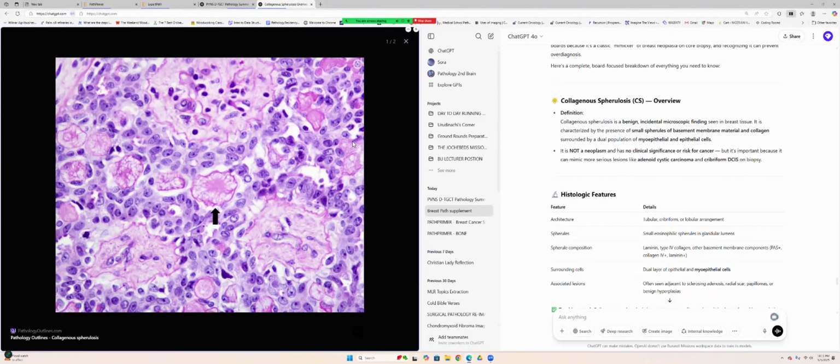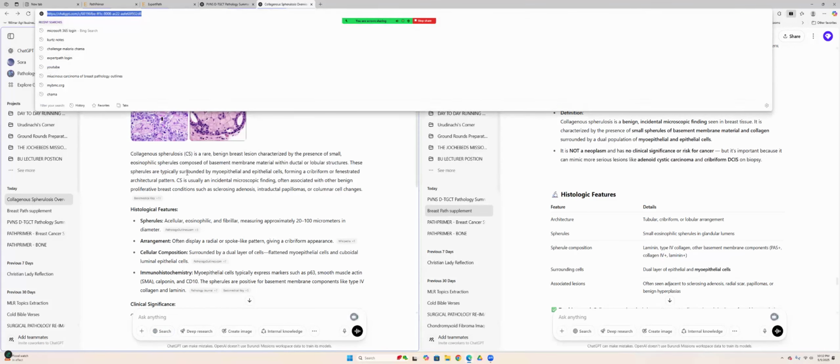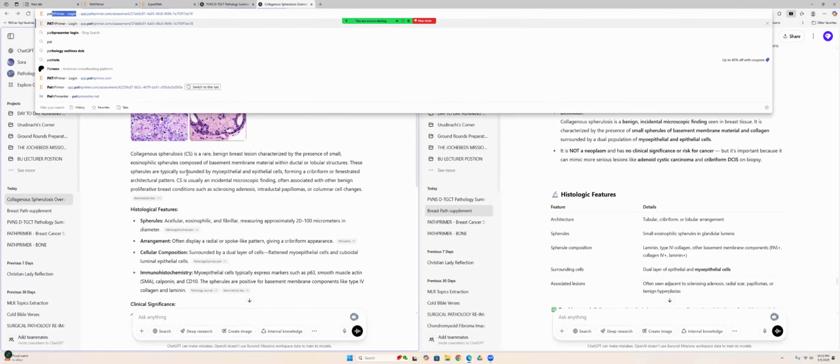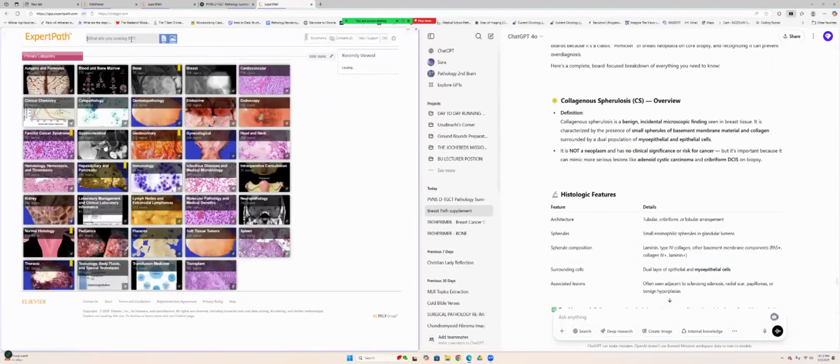Let's see the pathology outlines. Let me see if I can quickly look at some pictures of collagenous spherulosis.